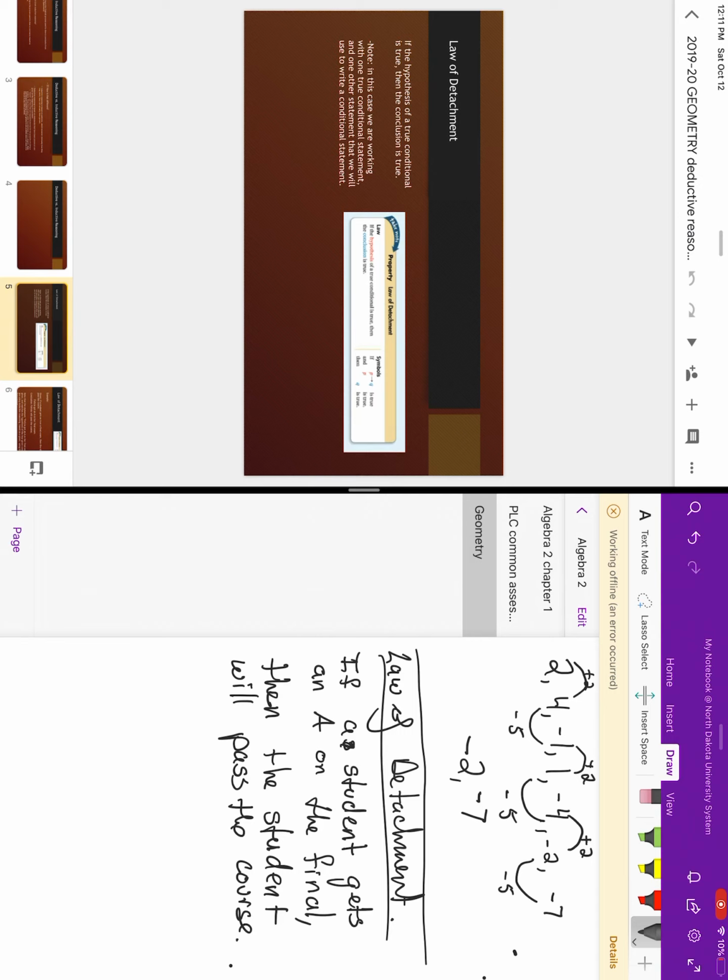Okay, so here's a true conditional, right? If a student gets an A on the final, here's my P, then the student passed the course. There's my Q. So we have if P, then Q, and we have a truth value of true, right? So a new statement, I'm going to say Felicia got an A on her final.